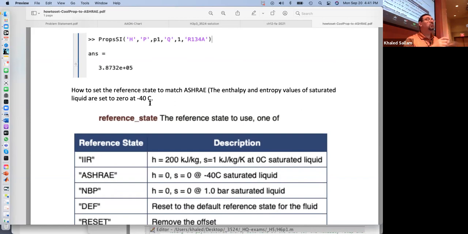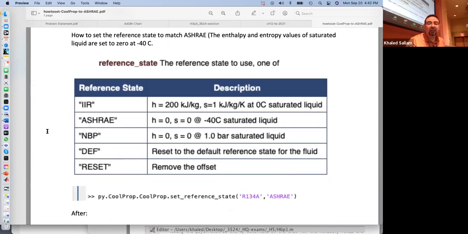So then when you use the thermodynamic book with the steam table or with the psychrometric chart, you may find different values for H's. Okay, but at the end of the day, it doesn't really matter because it's the difference, and the difference is always correct. It's just where they're going to put the zero. That's the only problem, right?